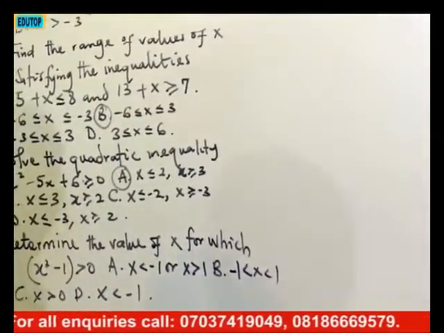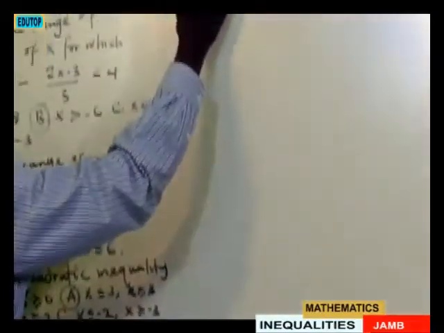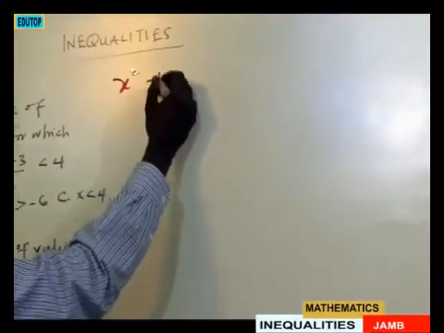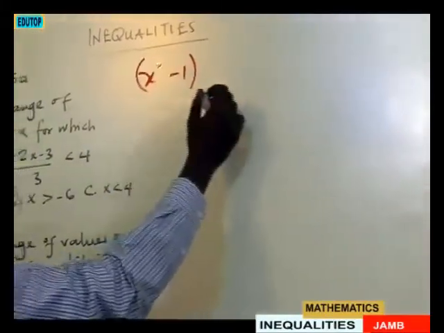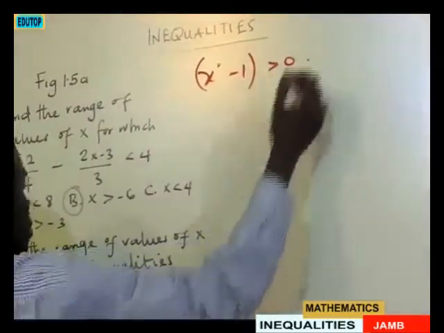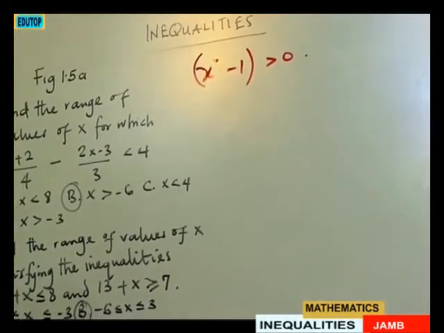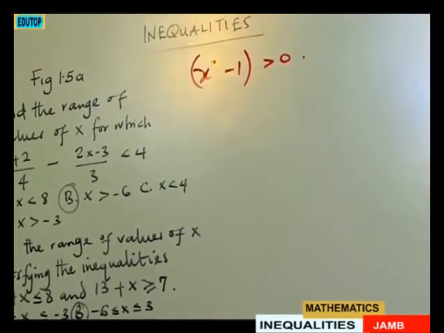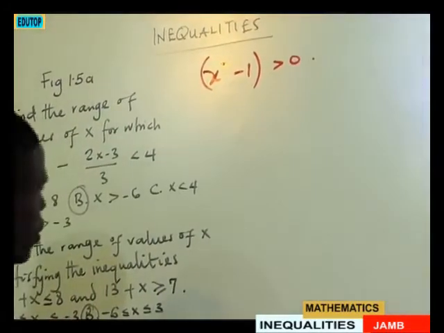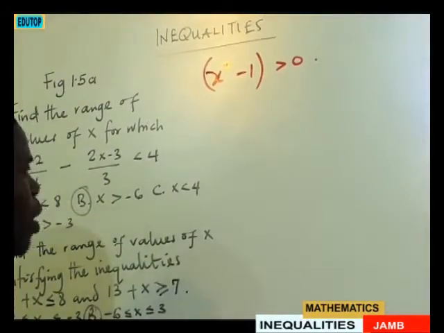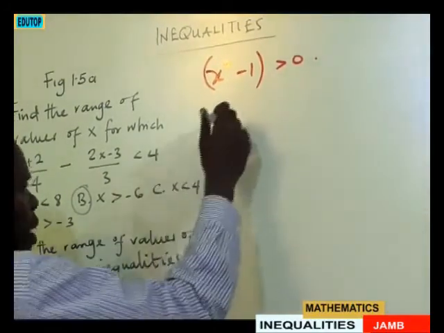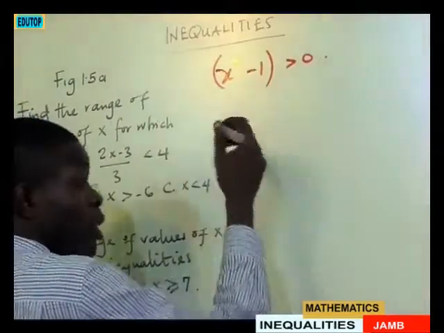Look at question 4. There is a trap here. You are given x squared minus 1 greater than 0. So you have to find the value of x that satisfies this inequality. If you look at this closely, you discover that they are trying to test a concept called difference of two squares.